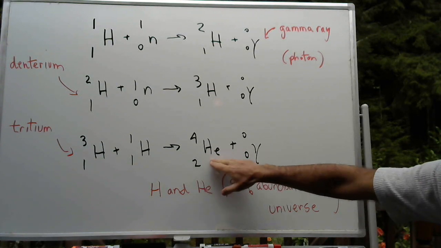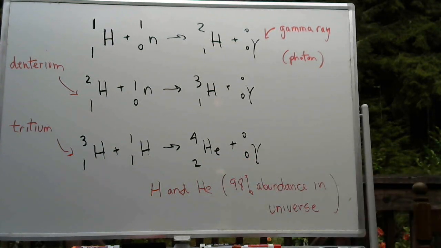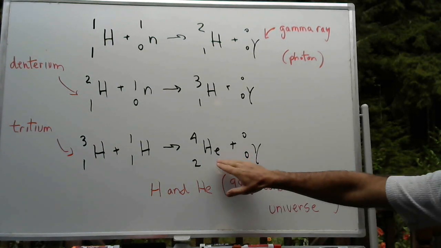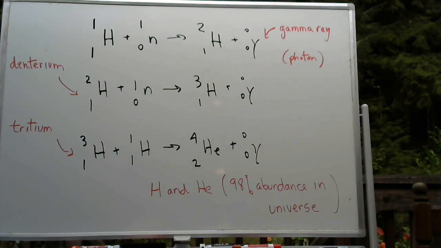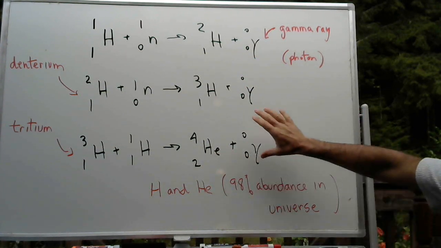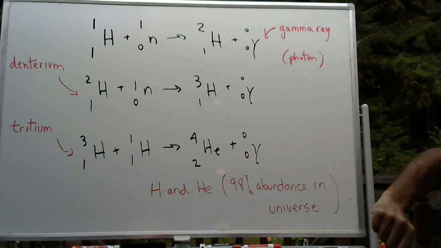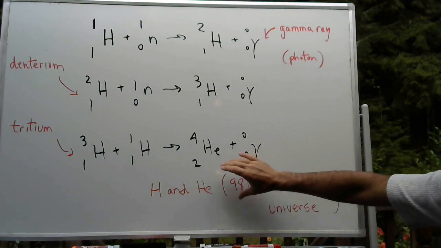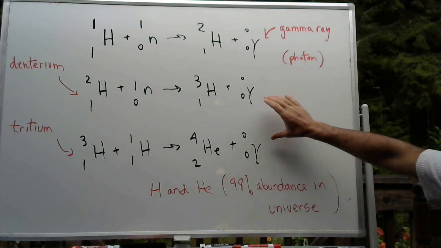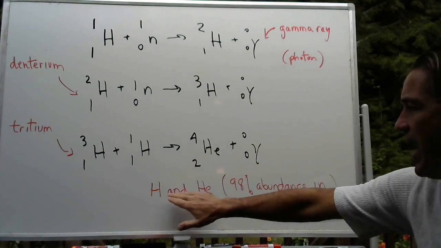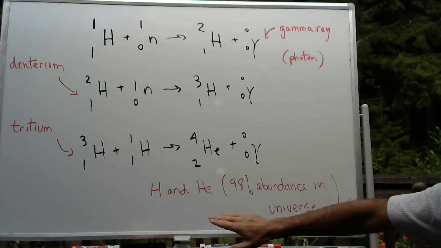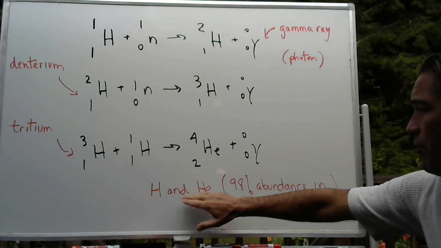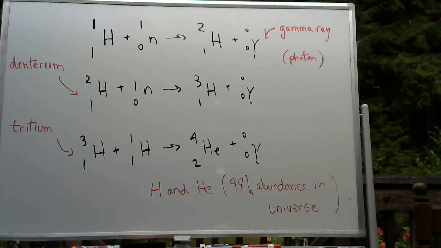And then here we see the formation of helium during this fusion process in this huge fireball. And so even today, 98% of the atoms in the universe are either hydrogen or helium. And they make up the large portion of what we would see in the stars in the heavens.